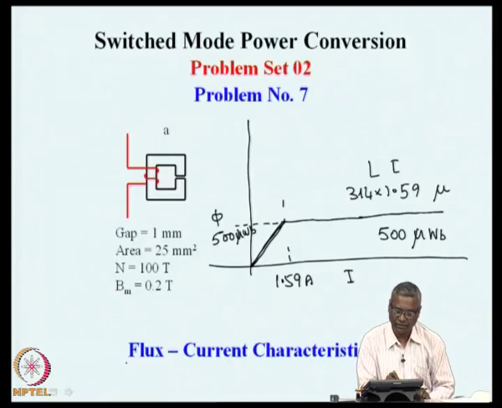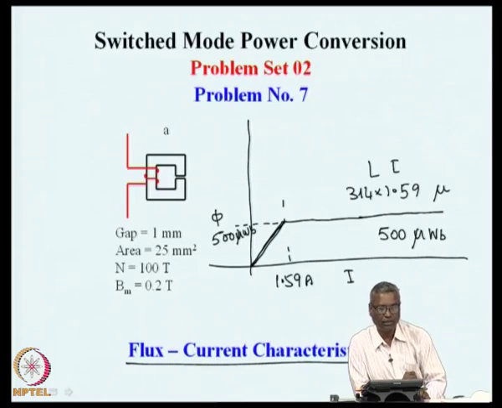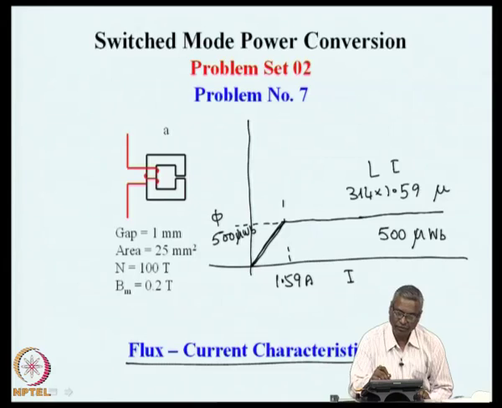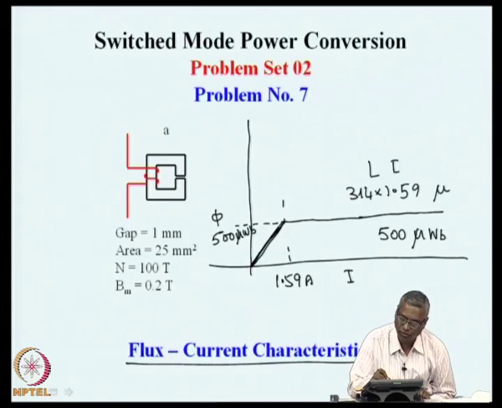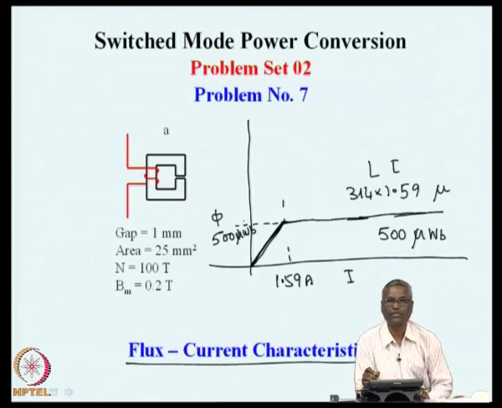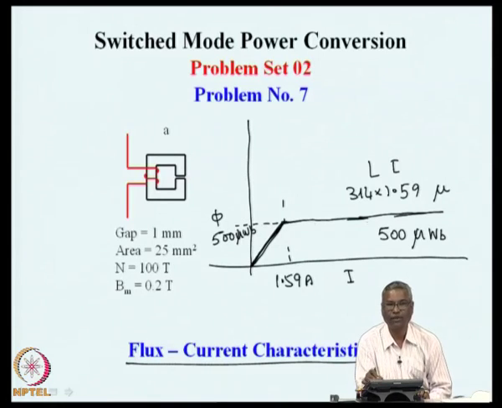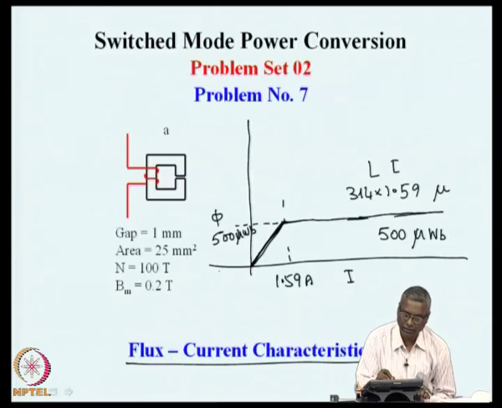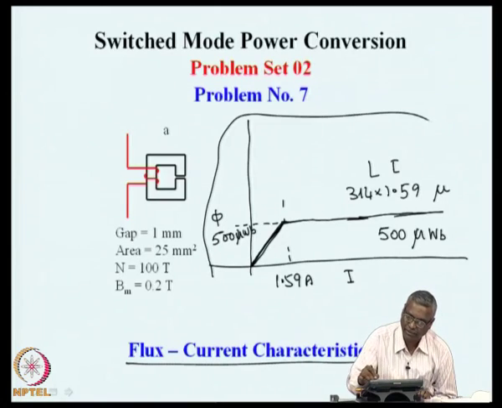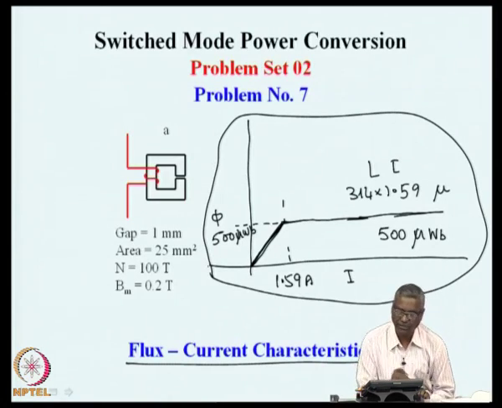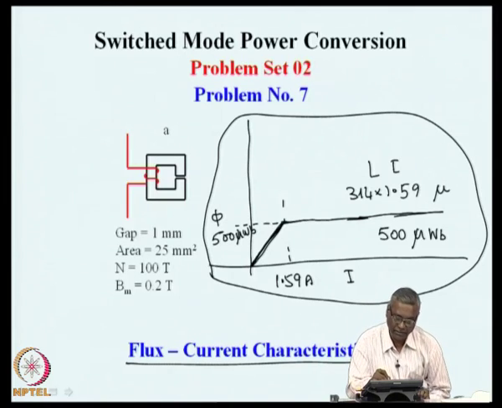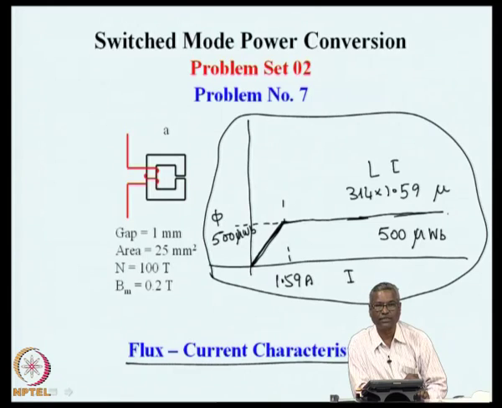So, we can say that this is the flux current characteristic for core A, which goes up linearly to 500 microweber corresponding to a current of 1.59, and after that, because the core has saturated, the flux does not increase anymore, and even if you excite it with more and more current, flux remains the same. So, the flux linkage characteristic of core 1 is linear up to 1.5 amperes, and after that it is saturated with constant flux.